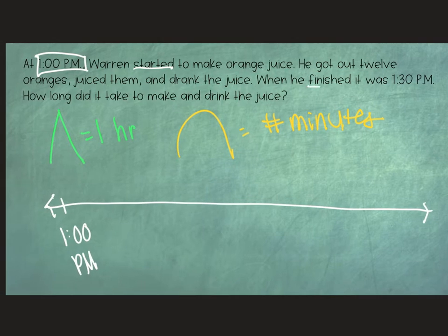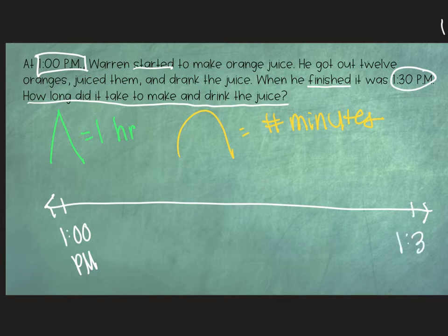When he finished, it was 1:30 p.m. How long did it take to make and drink the juice? So it says here he started at 1 o'clock and he finished at 1:30 p.m. So that's easy to see that you would jump 30 minutes, right? You would jump a hill for 30 minutes to get from 1 to 1:30.